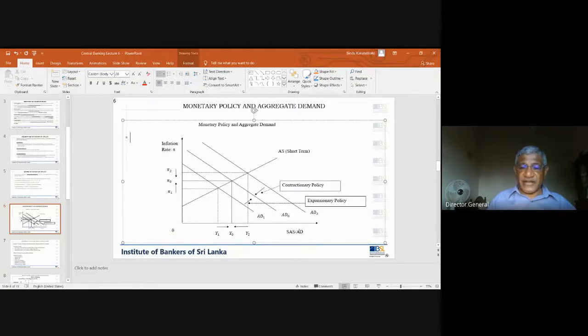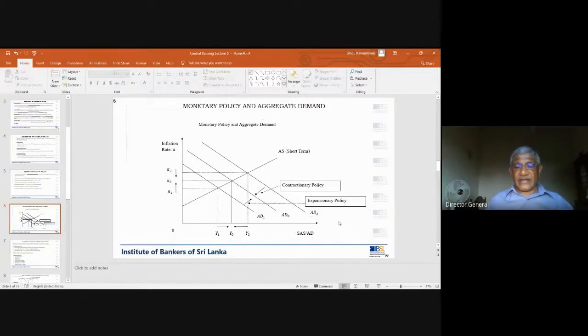AD means aggregate demand. If you want, you can put it like this, but there's no difference, because the aggregate output level is the aggregate supply at the equilibrium point, which is equal to aggregate demand.